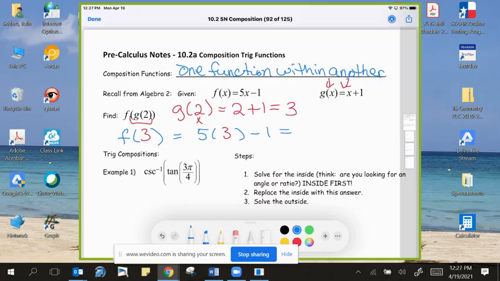So 15 minus 1 is 14. So 14 here is our final answer. We put one function inside another. So we solve for the inside value first, then replace the inside with that value and go from there. Okay?